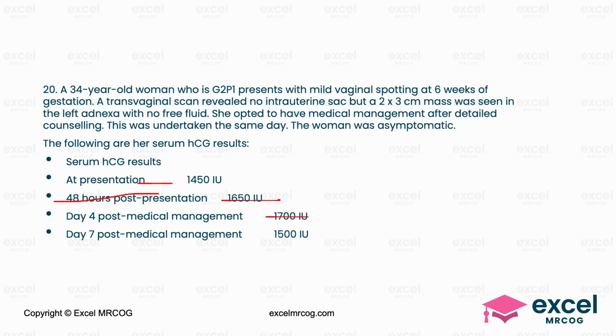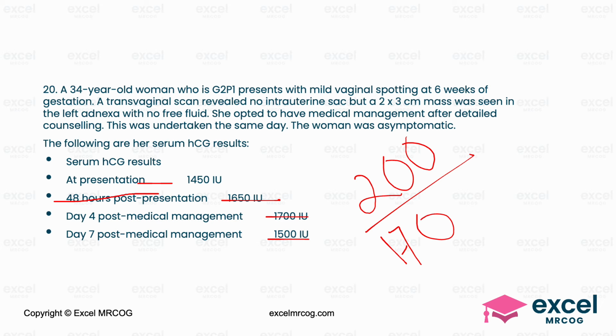And now day 4 and day 7 is 1700 and 1500. Day 7. That means the difference is 200. And if you want to calculate the percentage difference, you have to divide it by 1700, into 100. Now, what does this become?